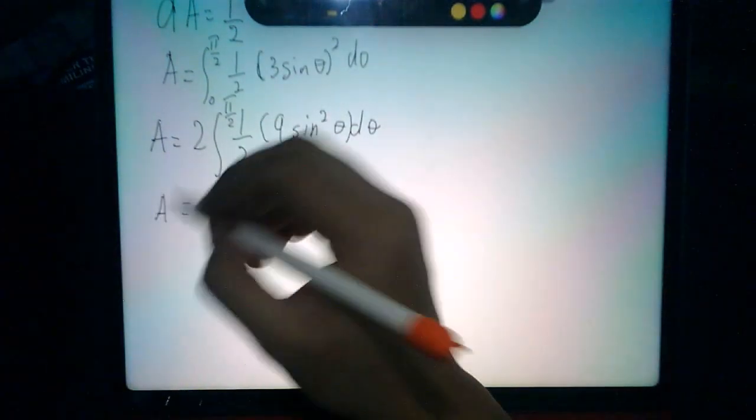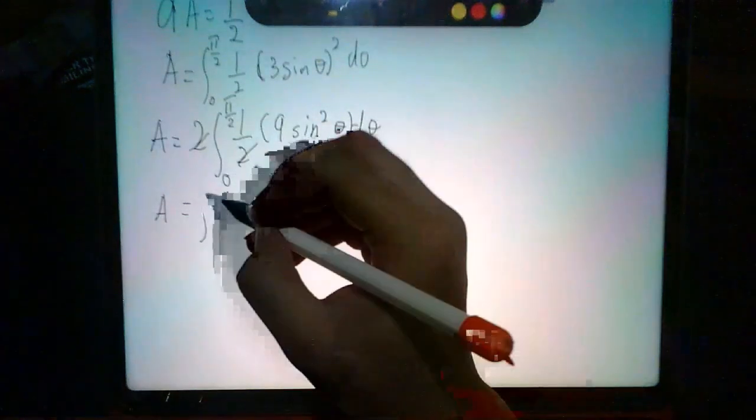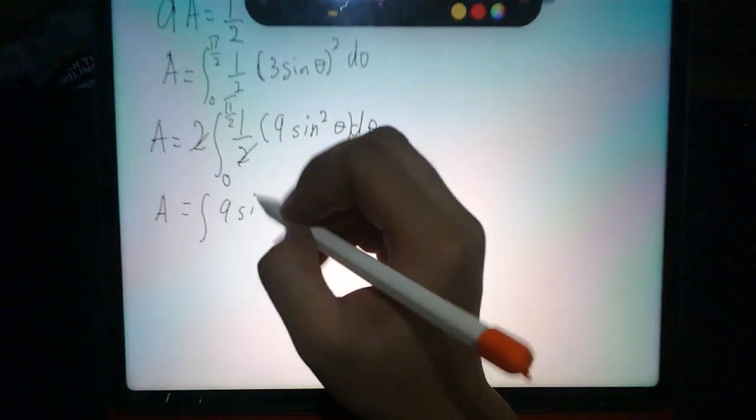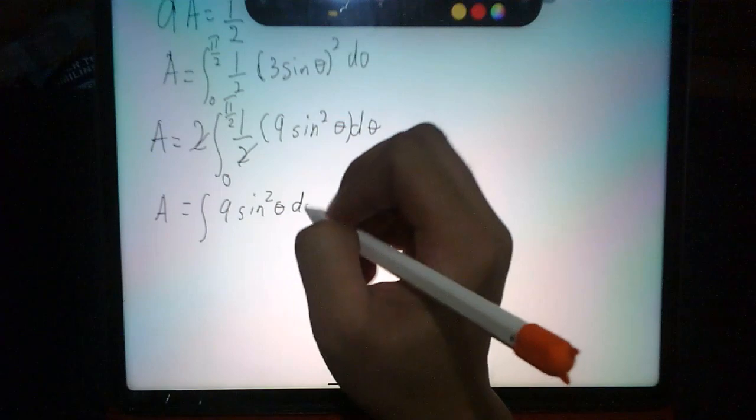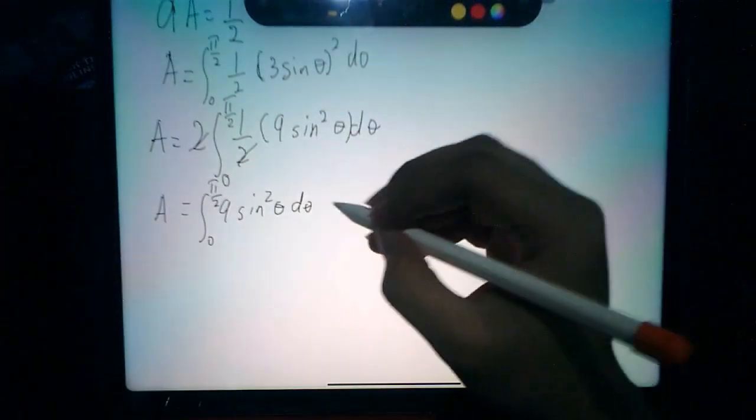So now we are ready to integrate, but first 2 and 1/2 just cancel each other. So what we are left with is 9 sine squared theta d theta, from limits 0 to pi over 2.